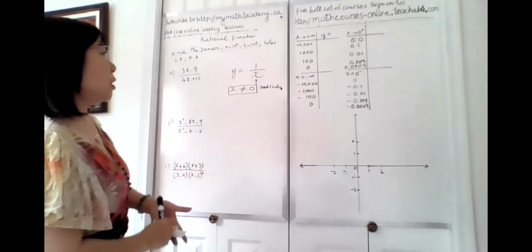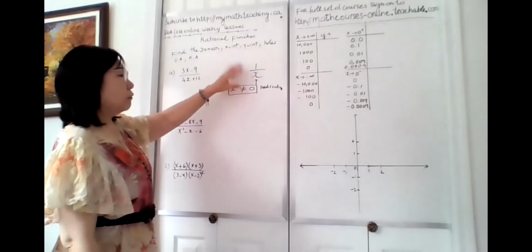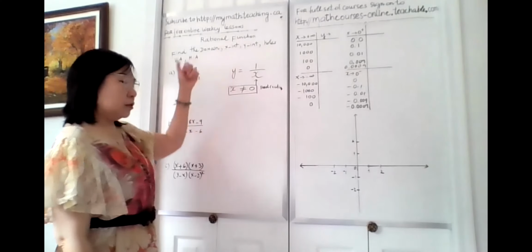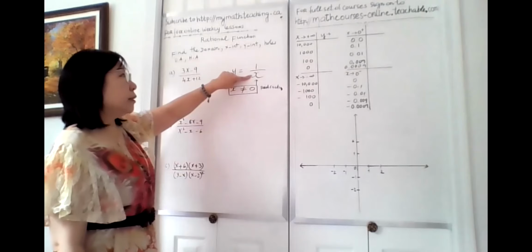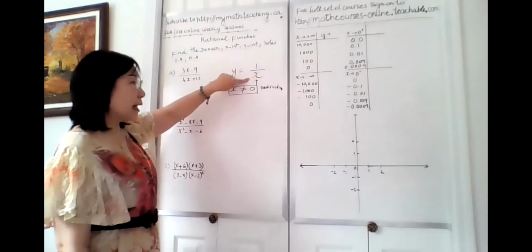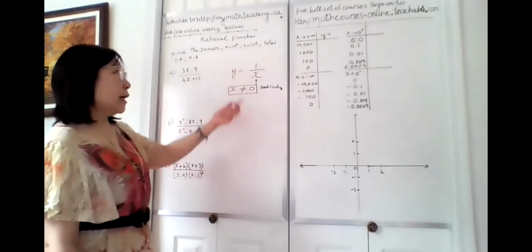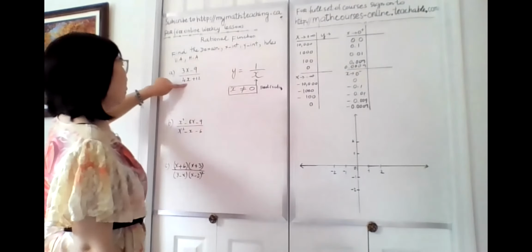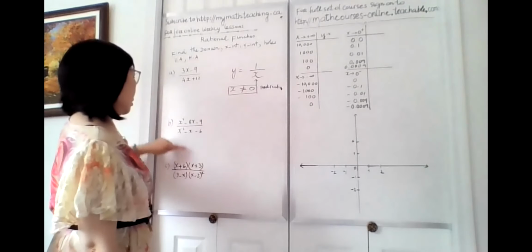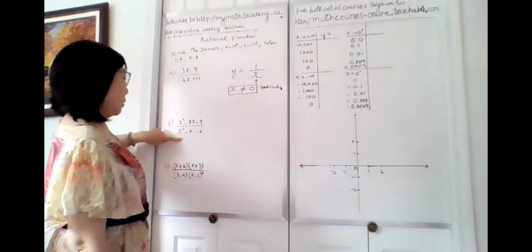So now you understand that for the rational function, the first step is to realize that the denominator here cannot be 0, regardless of whether it's a 1x value, or a 4x value like this, or the x squared value like this.